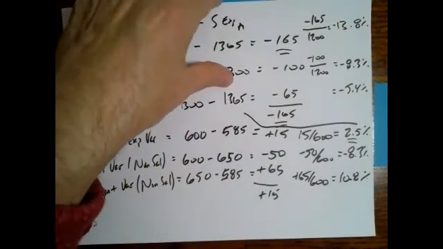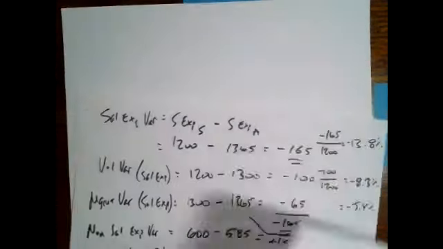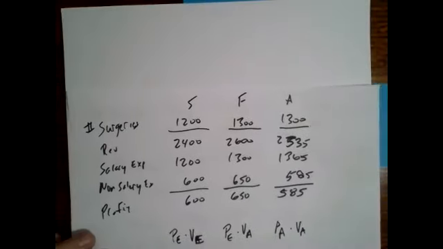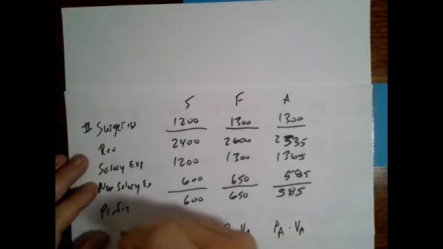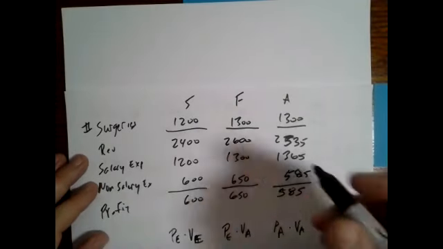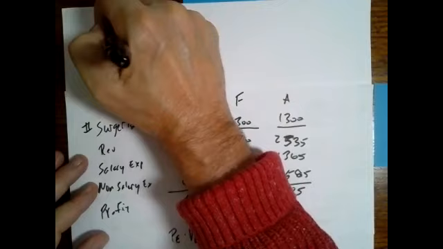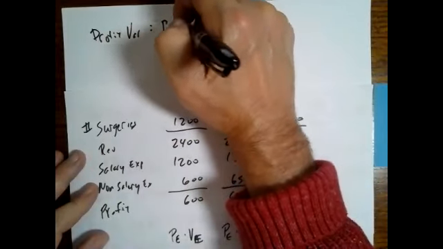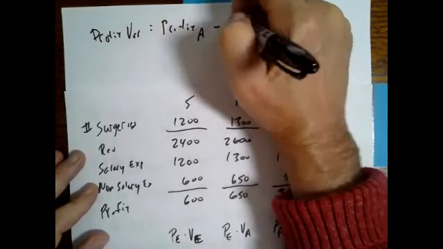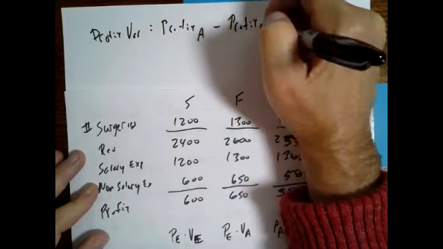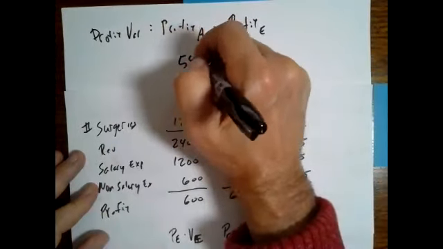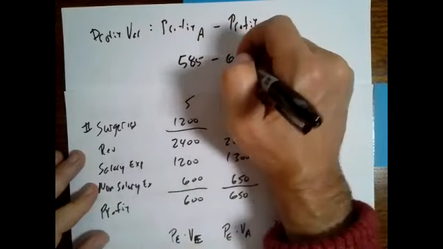The one we didn't do so far is profit variance. We can do profit variance fairly quickly because we're really only interested in overall profit variance. So profit variance is simply profit actual minus profit expected. So we had 585 minus 600.